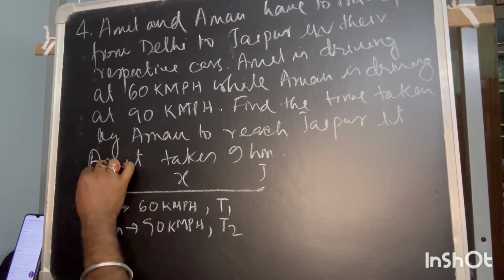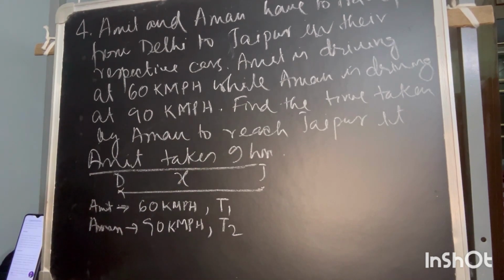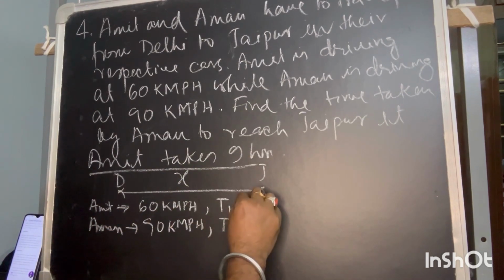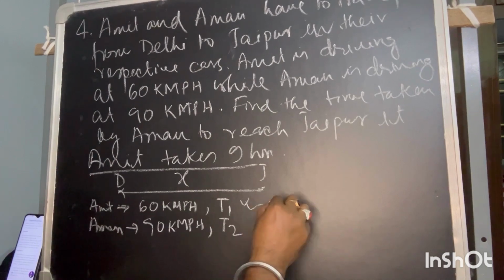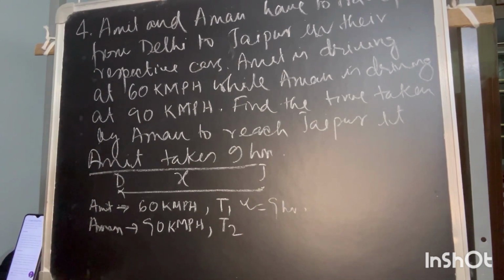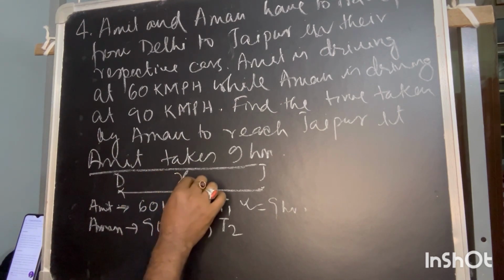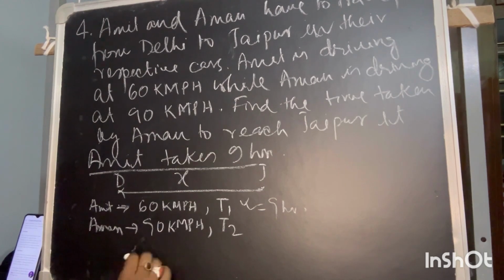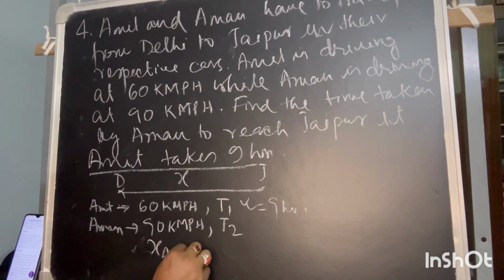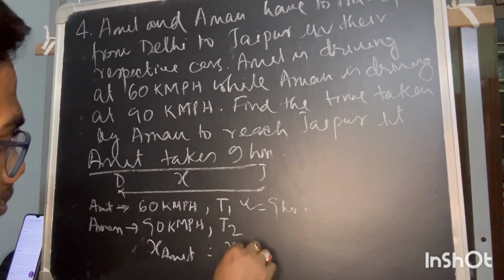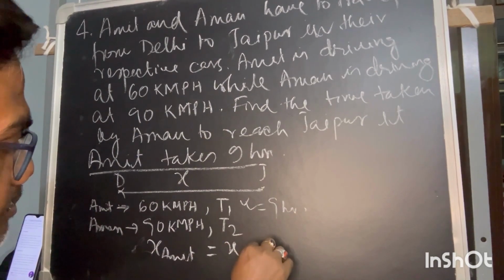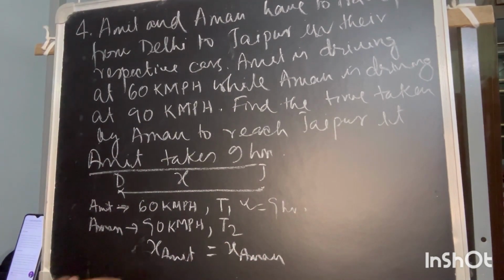So now Amit takes 9 hours. This t1 is already said to be 9 hours. One factor is known. Distances are the same, so we can assume the distance traveled by Amit is equal to the distance traveled by Aman. This is a perfect equation. Both the distances are the same. So for Amit, how will you calculate the distance?